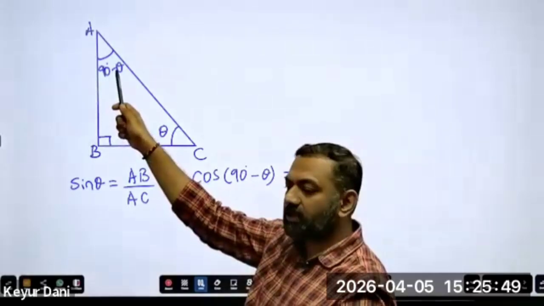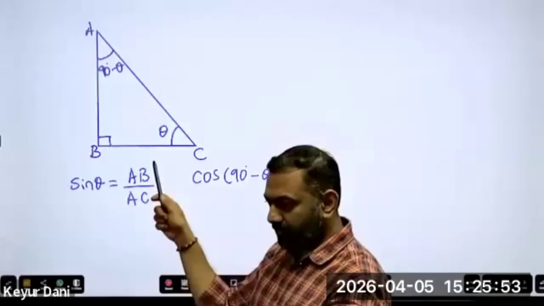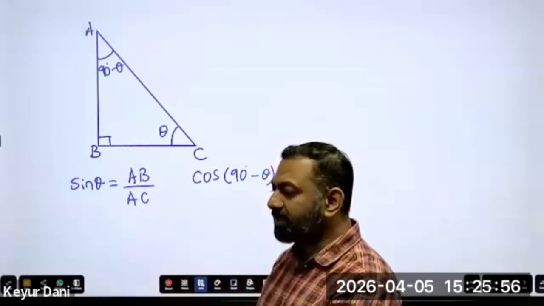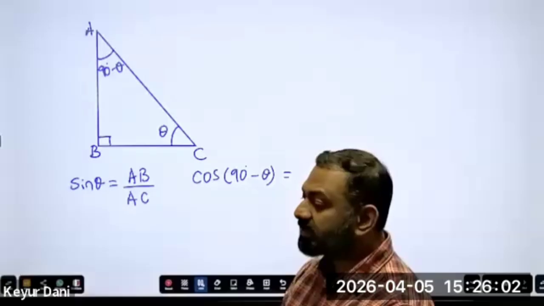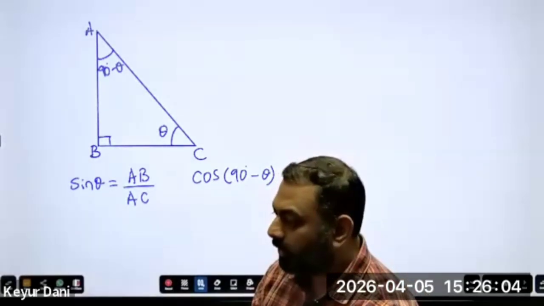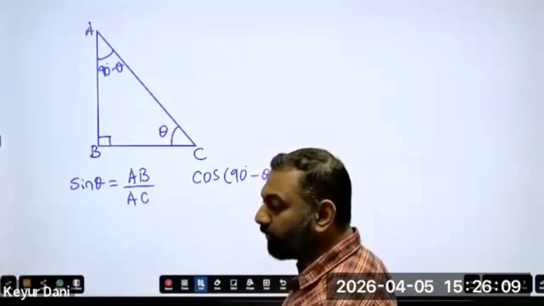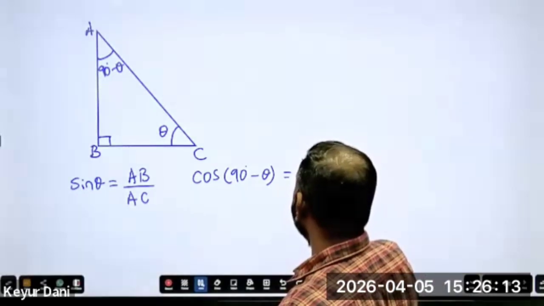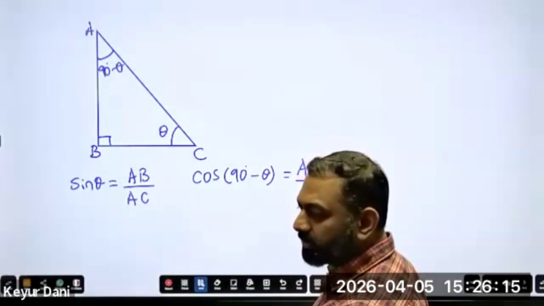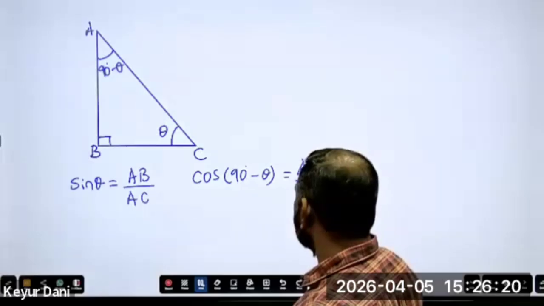And what will be the adjacent side? AC is the hypotenuse, so the adjacent side should be AB. So this is AB upon the hypotenuse, AC.